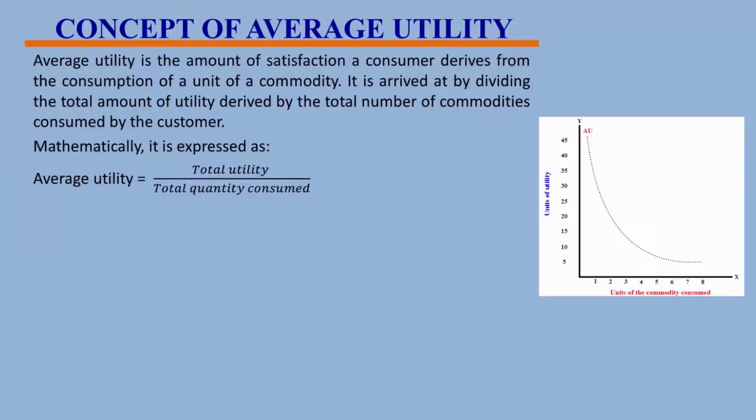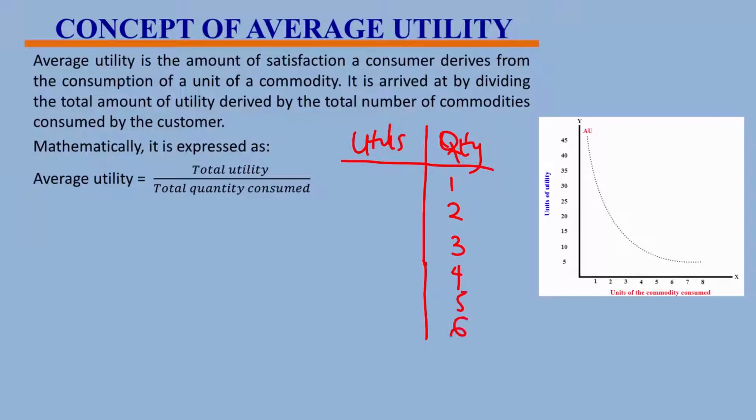So let's say we have 6 loaves of bread. So I'm going to do a little calculation for you here. We have utils, and then we have quantity. Now, for this class, satisfaction is measured in utils. So we are looking at the satisfaction gotten from the consumption of bread. So we have 1, 2, 3, 4, 5, and 6.